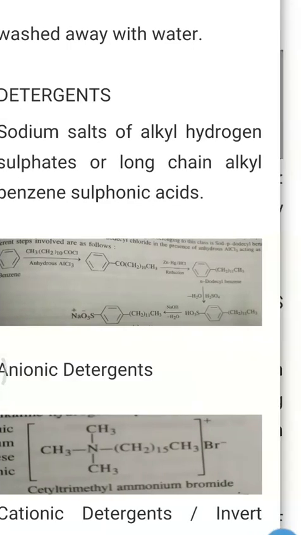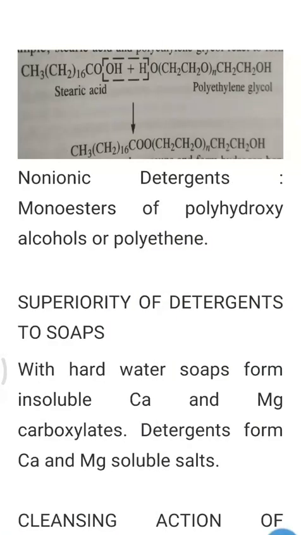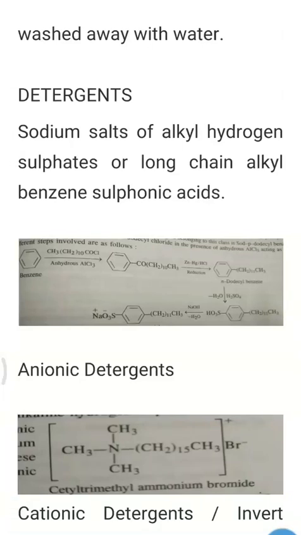Number two is the cationic detergent. Now cationic detergents, for example, cetyl trimethyl ammonium bromide. Now in these cationic detergents, the hydrophilic group is of cationic nature. That's why they are called cationic detergent.